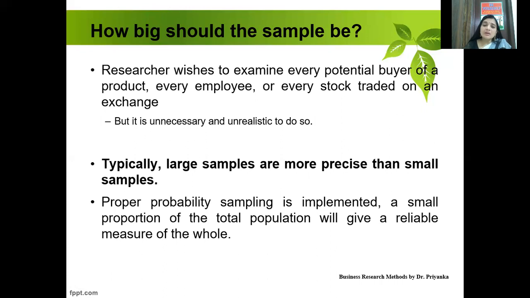But when we go for populations which are actually in lakhs, then you might choose just 1,000 people out of 1 lakh people, and that is just 1% of the whole population. So it's not that you should choose just 1%. No, it depends on so many things. There are formulations as well.